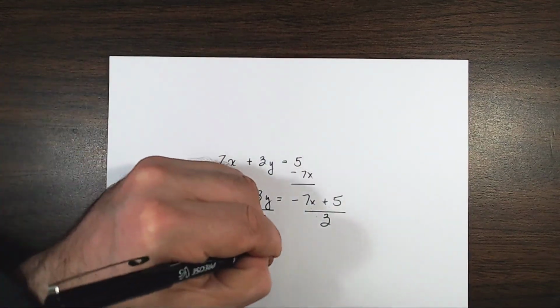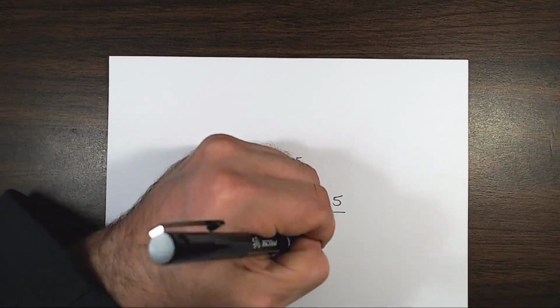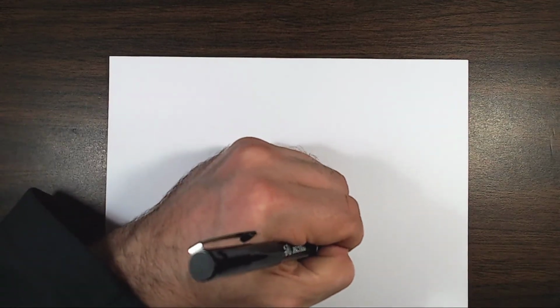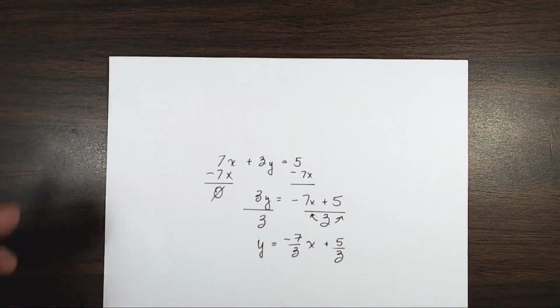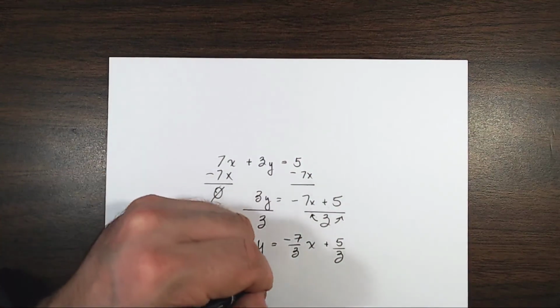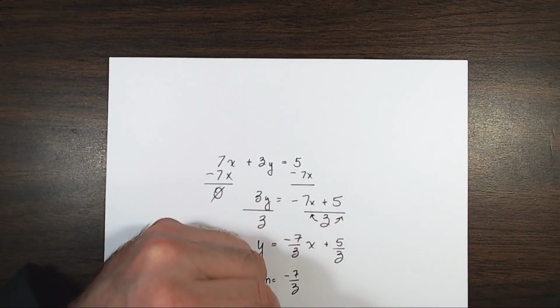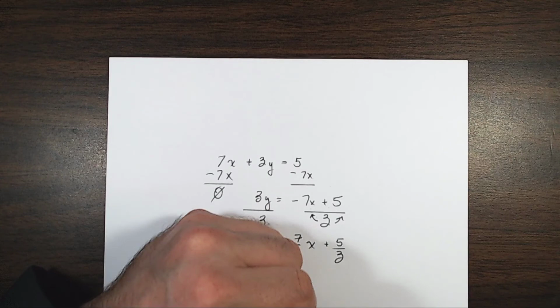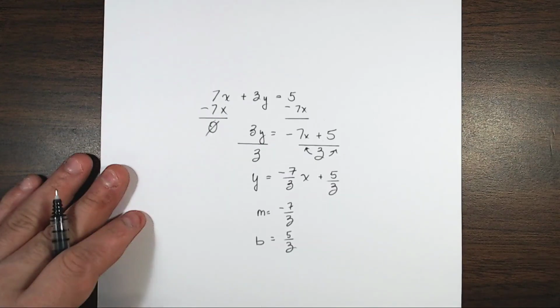And then y equals minus 7/3 x plus 5 over 3. Remember, I split this term up. So now I'm in y equals mx plus b form. M equals negative 7/3 and b equals positive 5 over 3. Okay?